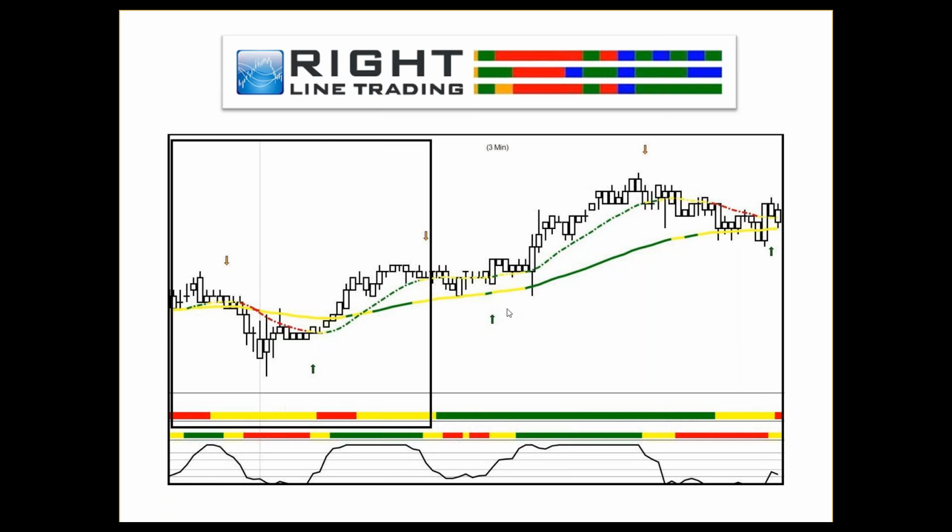And you're going to take the entry right here and you're going to hold it long until you get this arrow. This arrow is when your trading chart Laguerre drops below the 80 line. All we're doing here is using momentum as a proxy for institutional money.